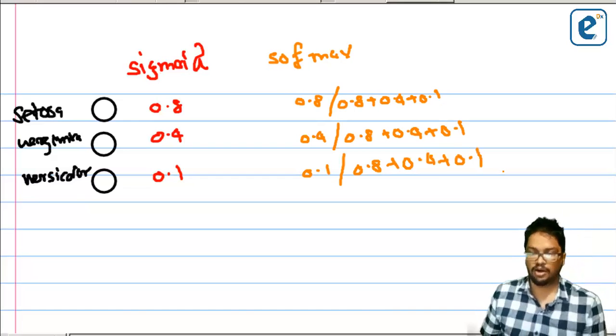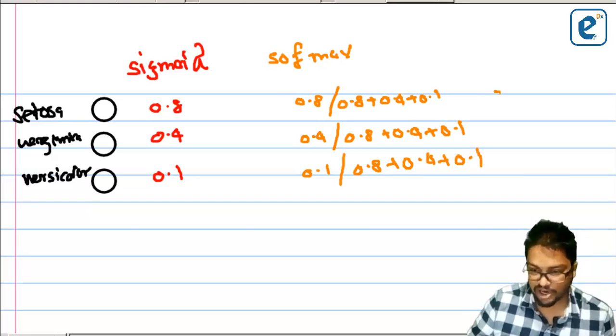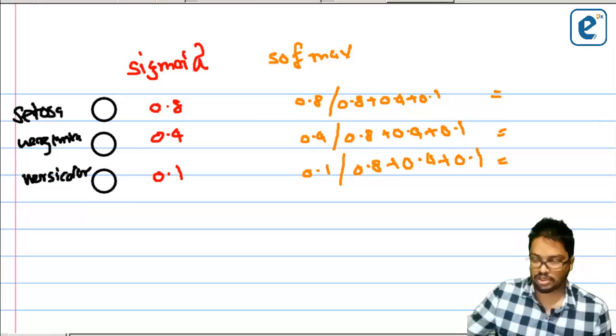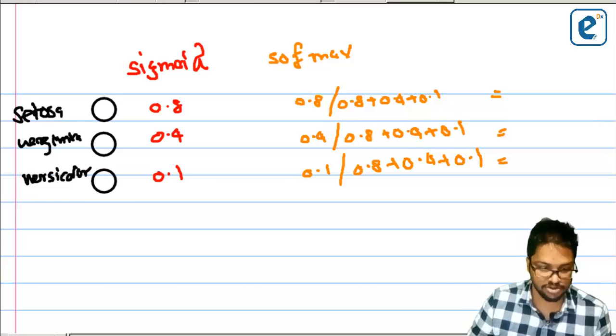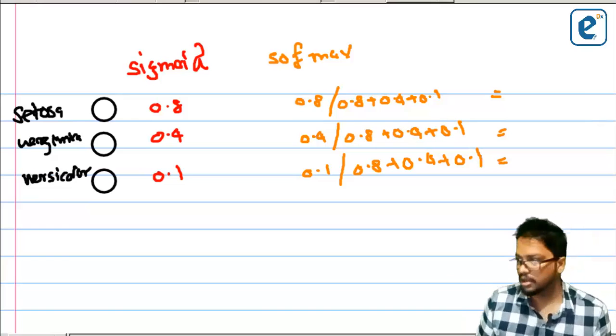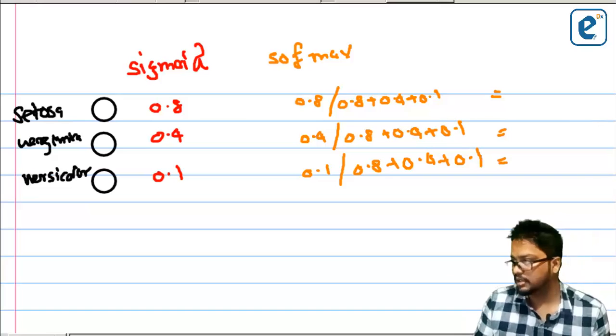So the value will be 0.8 divided by 1.3, and the other one is 0.4 divided by 1.3.